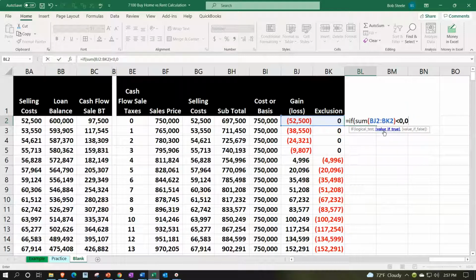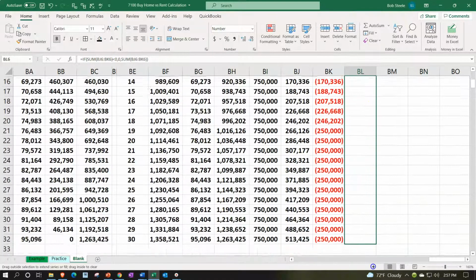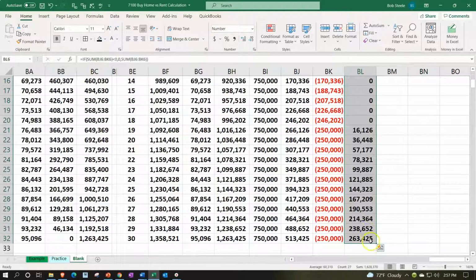If not, comma, meaning it's greater than 0, then we want you to take the sum of these two numbers. And closing up the brackets and close up the brackets again. And let's see if it does what we expect. Obviously, these two summed up are going to be zeros. And then down here, it's still 0 because now it's summing up these two numbers, which sum up to 0. And then once we get below the exemption amount down here, it should then show us the taxable portion.